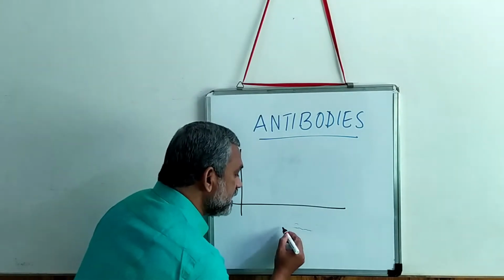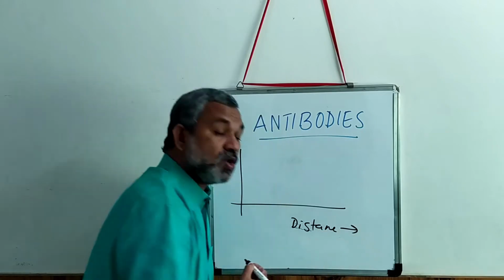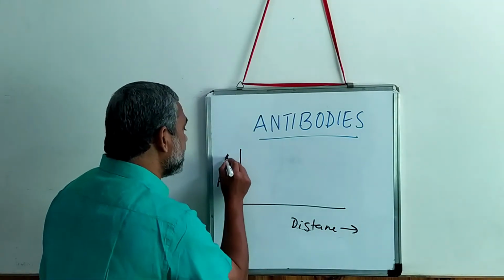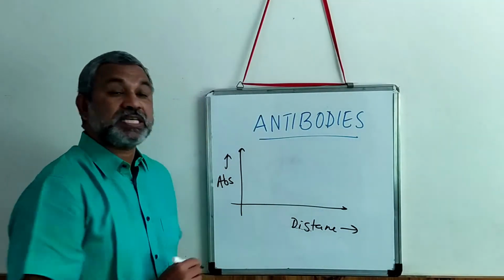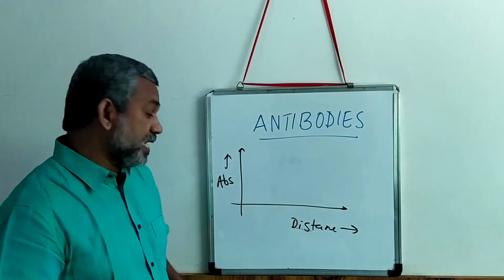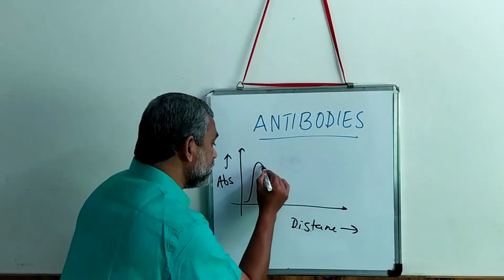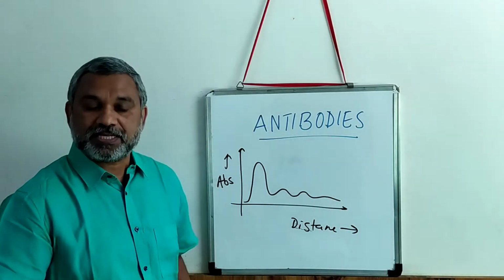If this is the distance of migration, and if this is the absorbance on the y-axis, we will get a graph like this.